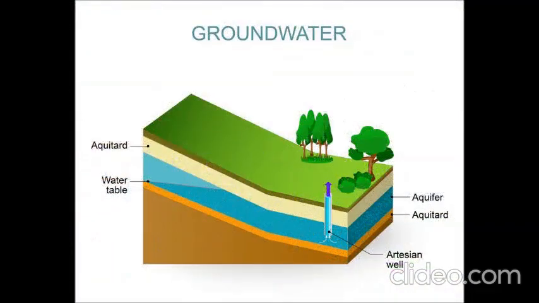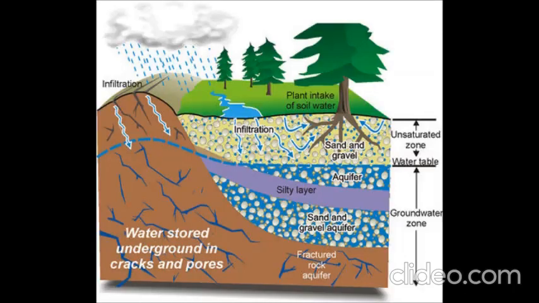Groundwater is the water found underground in the cracks and spaces in soil, sand, and rock. It is stored in and moves slowly through geologic formations of soil, sand, and rocks called aquifers. The flow of groundwater is very slow compared to runoff.